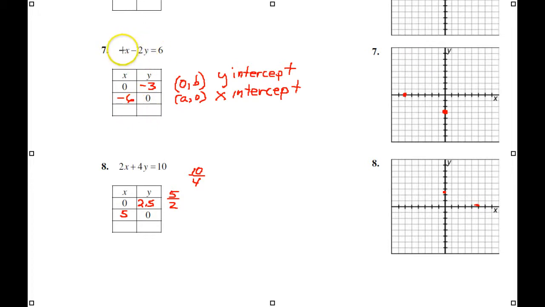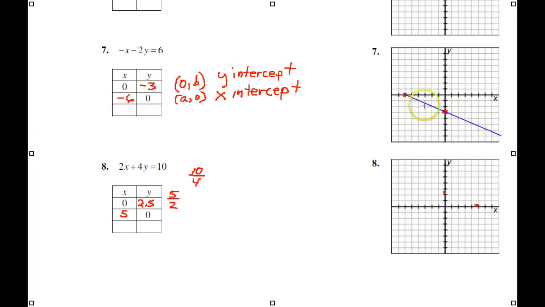So if x is 0, dividing both sides by a negative 2, we get y is a negative 3. If y is 0, a negative x equals 6, so a positive x equals a negative 6. And again, this is your y-intercept, this is your x-intercept. I plotted the points, now it's just a matter of making the line.